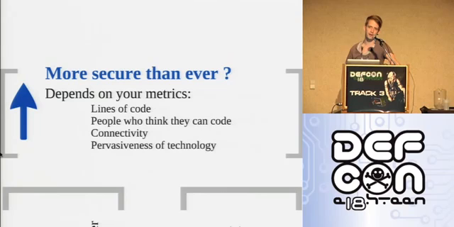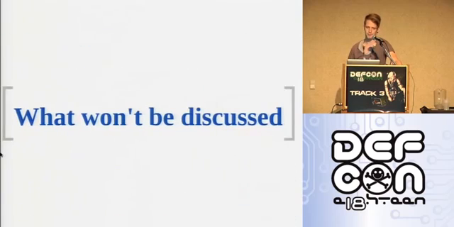Obviously, everything's now about connectivity, everything's network aware, and the pervasiveness of technology is increasing. So I'm not sure really that we are more secure than ever, and the higher level languages are being used increasingly to seed all this crap everywhere. So if we can find some good techniques to exploit them, then we will.